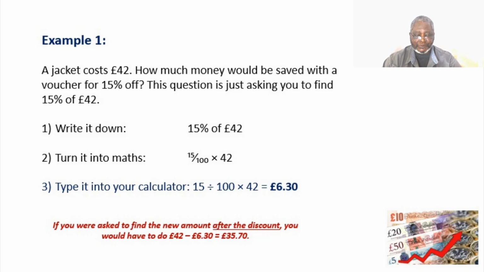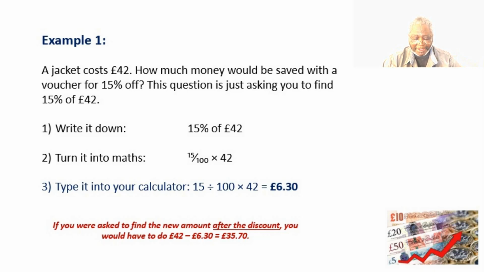First, you write it down, 15% of £42, and then you turn it into maths. 15 hundredths times 42, because when we're dealing with percentages, we're talking about an amount expressed in terms of hundreds. And then type it into your calculator. 15 divided by 100 times 42, which is equal to £6.30.